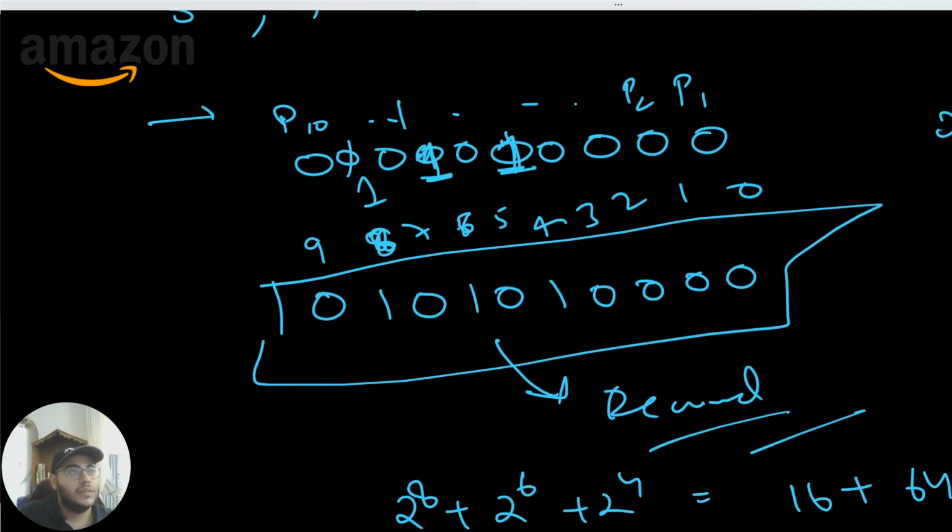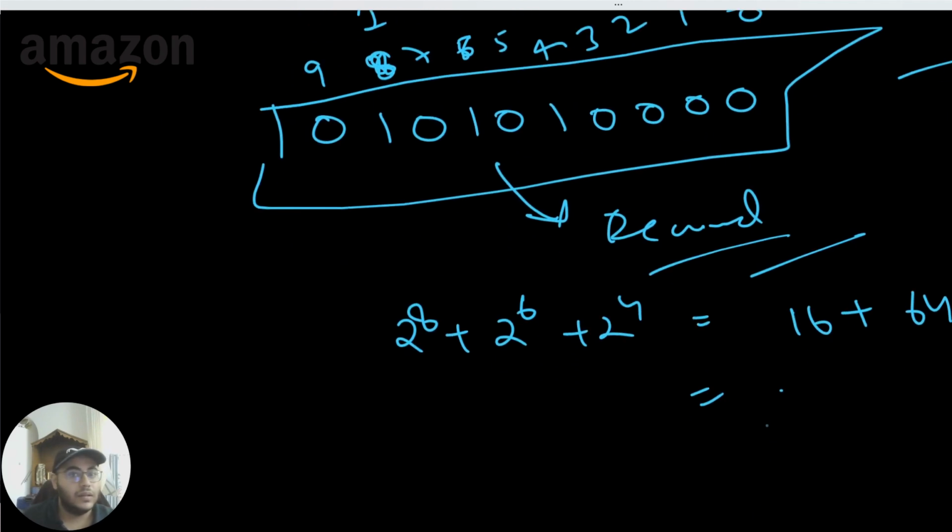If we sum this up, 256, 64, 16, we get 336. This means the poisoned bottle was the 336th bottle, and that is your answer.